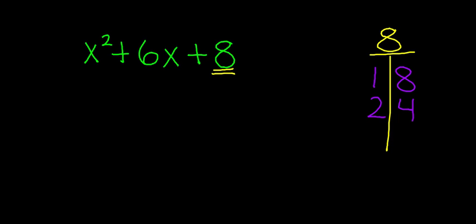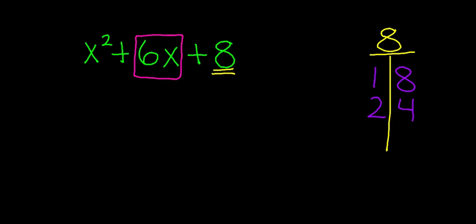To choose between our factorizations, we are going to go to the middle term, our linear term, that is the term that has just the variable without an exponent. In this case, it's 6x. We think about whether any of our factors add together to give us that 6.